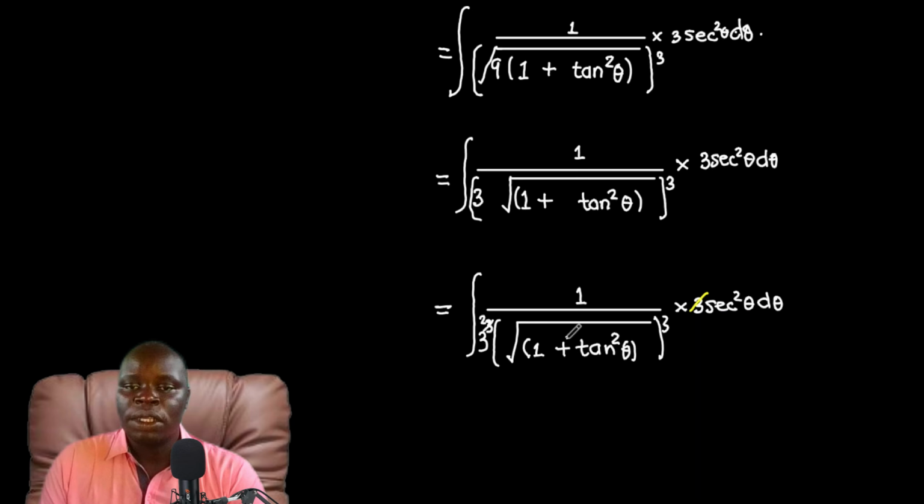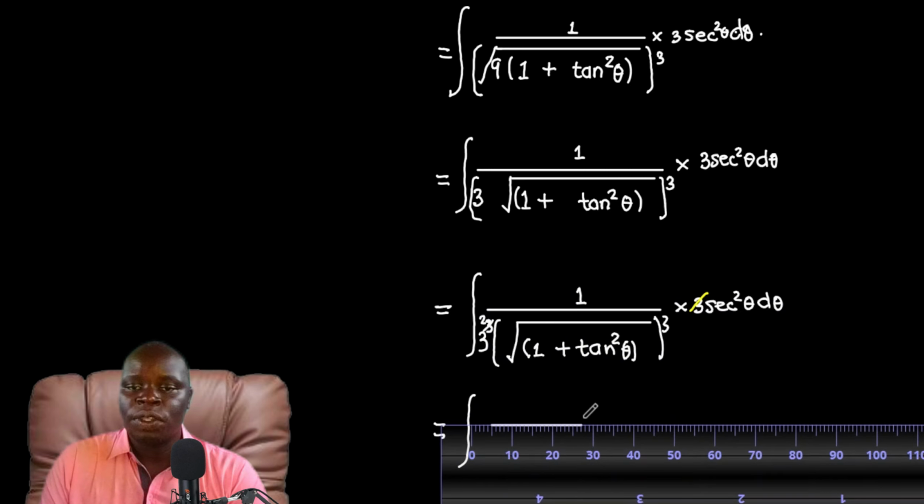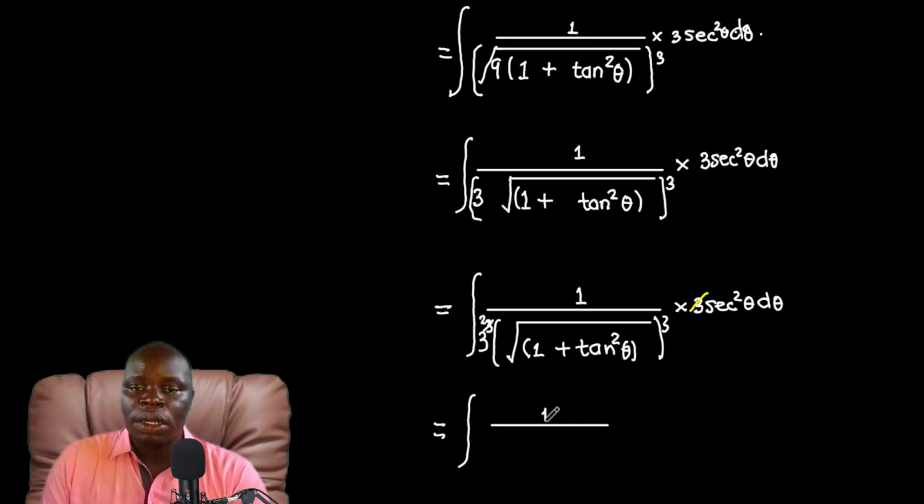And we also know that the inside part here is the same as secant theta. So let's go on and also replace that denominator before crossing it out. Now here we have 1, and down here we now have 9 secant theta because it is on the square root, so we still have our cube here.